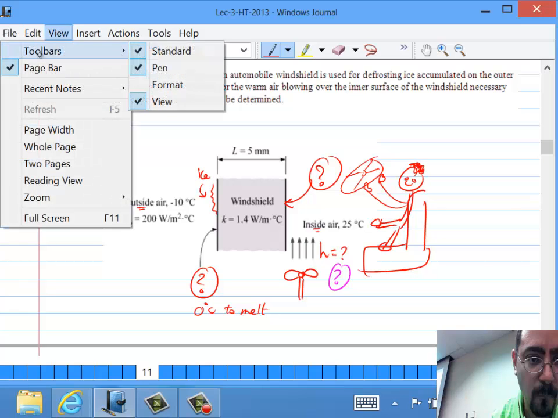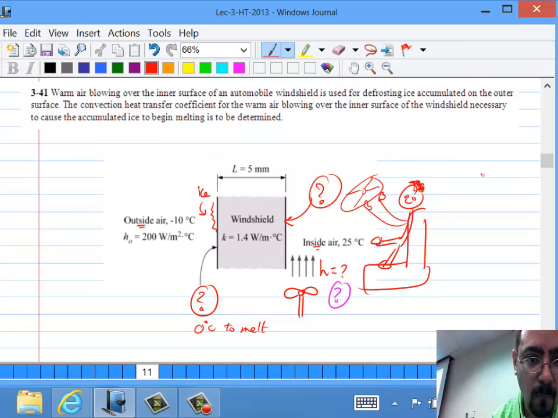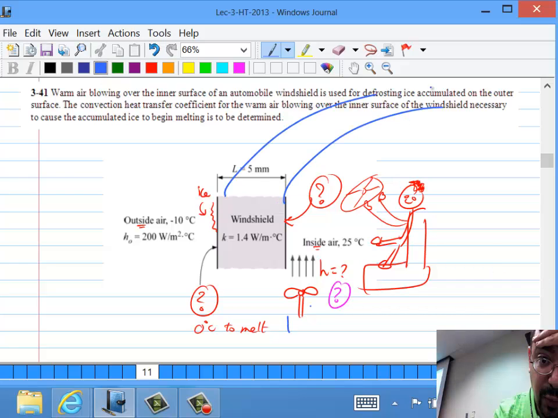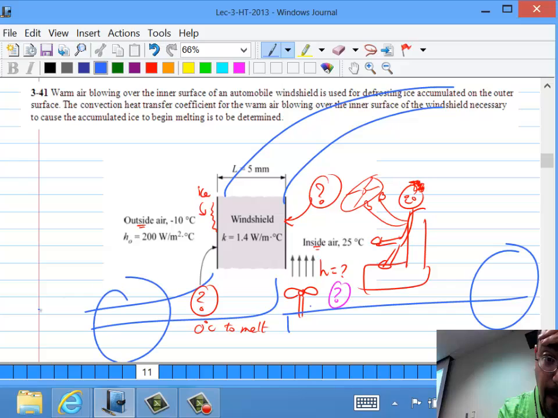This is basically the glass of your car, and you are sitting here in your car, and there is ice outside across the glass windshield. So this is glass, and the glass has a K of 1.4 watt per meter Kelvin.